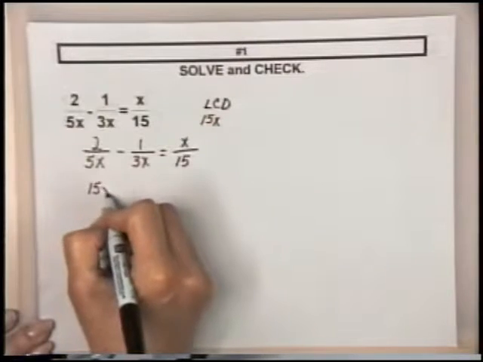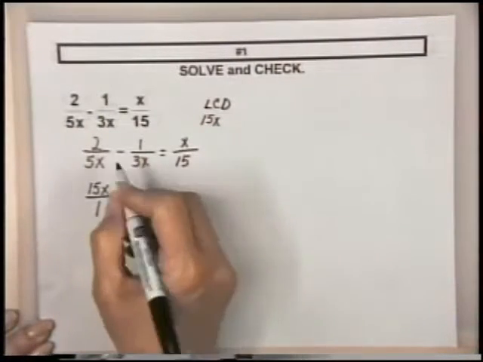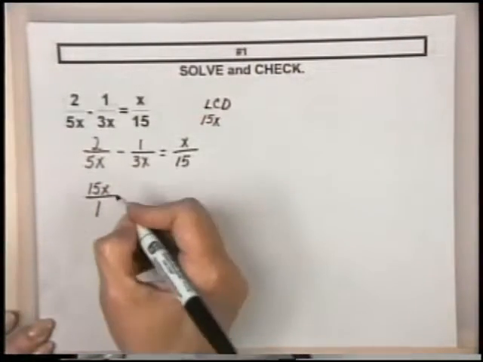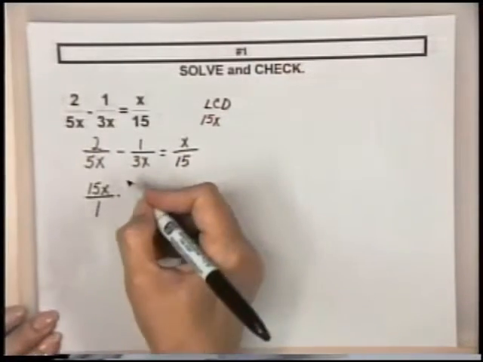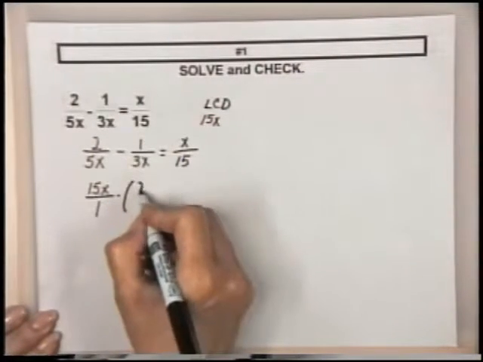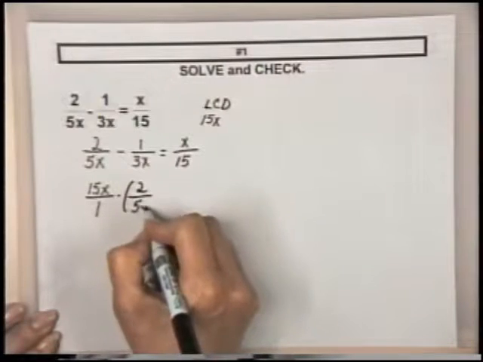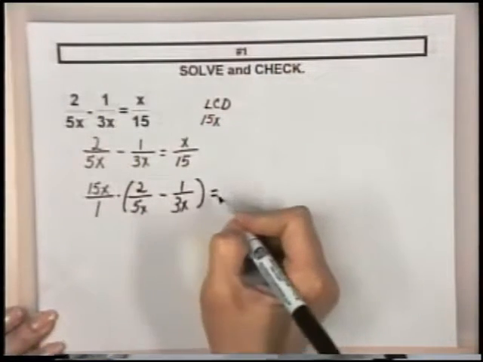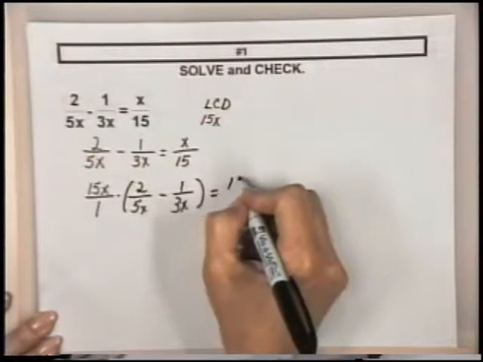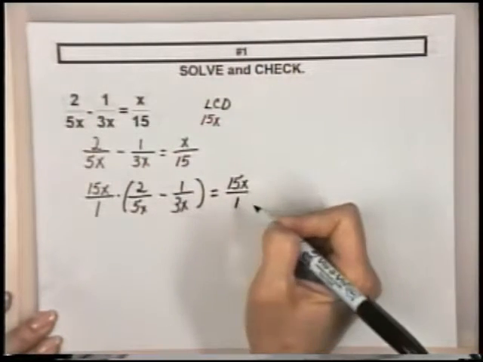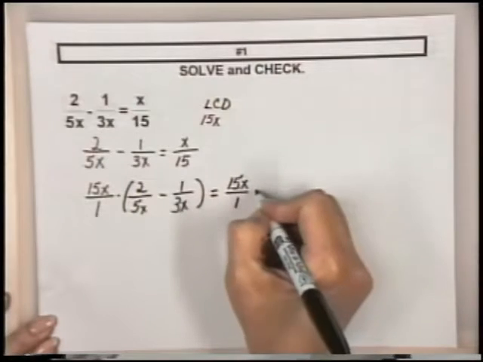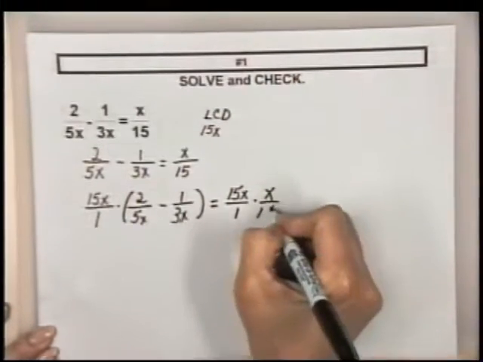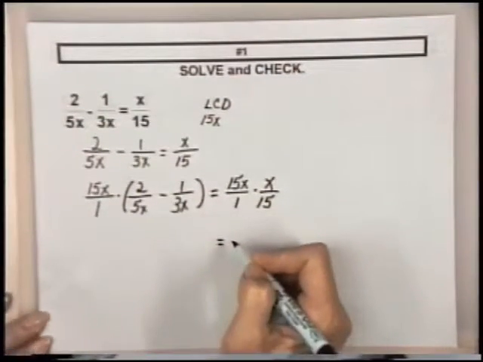Next, I multiply both sides of the equation by my LCD. I will write 15x over 1 since I am multiplying by fractions in my original equation, times 2 over 5x minus 1 over 3x equals, and I will multiply the other side of the equation by my LCD, 15x over 1 times x over 15.